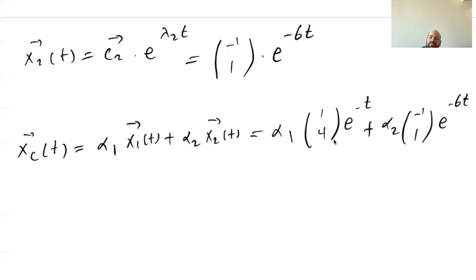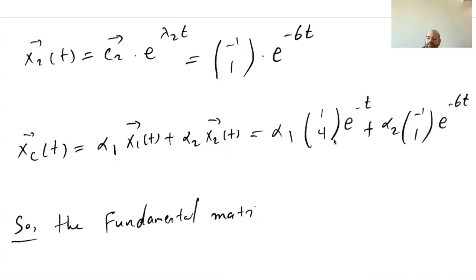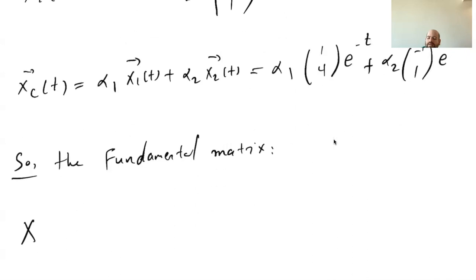And what about the fundamental matrix? Once we have the linearly independent solutions of the homogeneous system, we can simply put them as columns of a matrix, and the resulting matrix will be called the fundamental matrix, which we denoted with capital X. So the fundamental matrix will be capital X equals x1 of t as the first column and x2 of t as the second column.